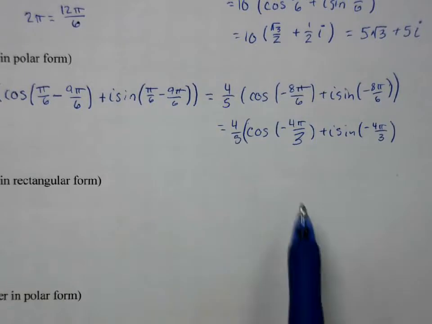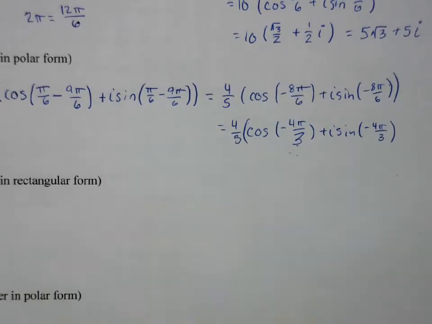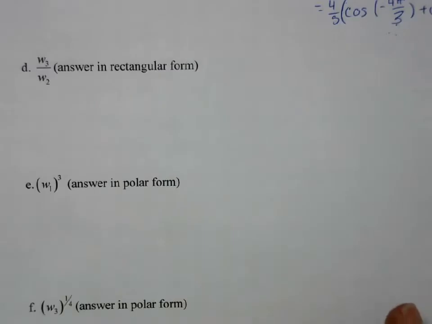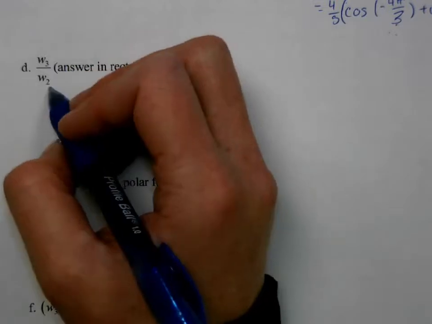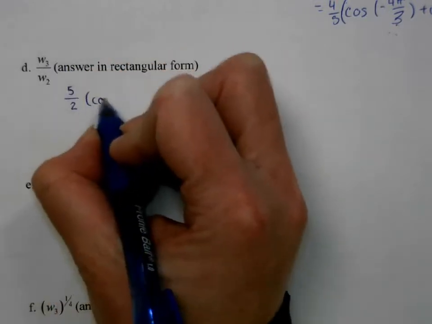Okay, another division with our answer in rectangular. So W3 divided by W2. So we're going to have 5 over 2 cosine. If I subtract 9 pi over 6 minus 4 pi over 6, we get 5 pi over 6.